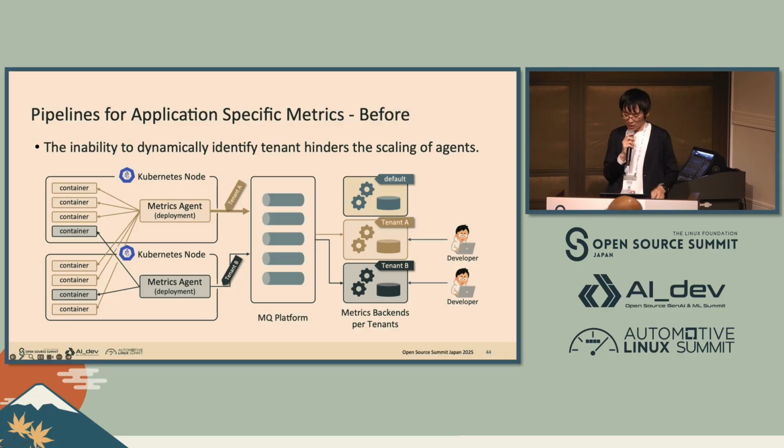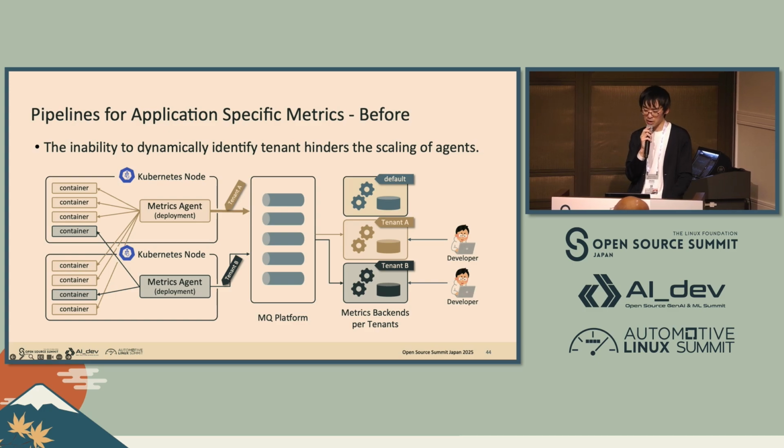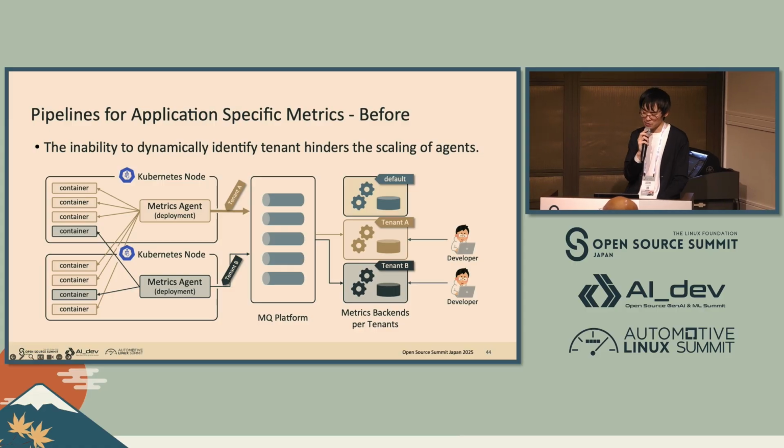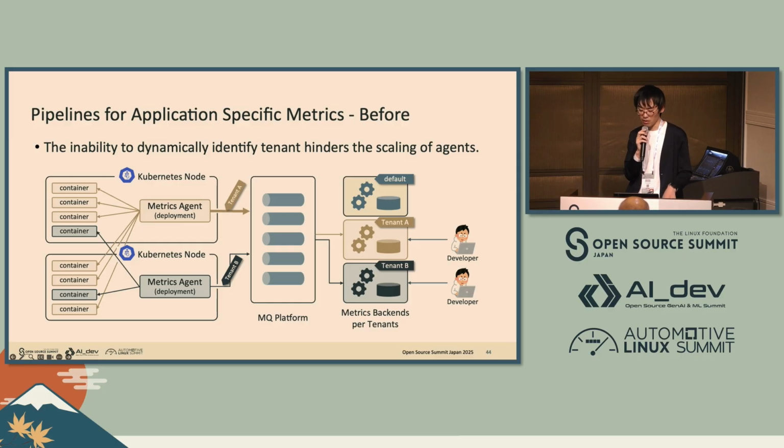And now this diagram is a bit different from the previous ones. This represents the pipeline for application-specific metrics. In this diagram, agents collect metrics directly from the exporters inside the application containers. Since the agent cannot dynamically identify the tenant context, each agent is configured to collect metrics only from applications in a fixed tenant.